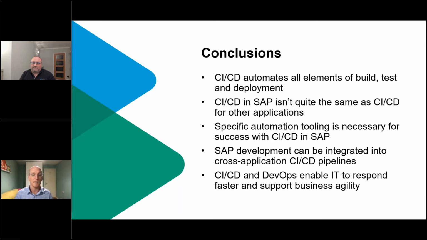But we can achieve that, and with it we can integrate SAP into those cross-application pipelines that James was talking about and we saw in the Ericsson example. And CICD and DevOps are enabling IT teams and SAP teams to respond faster and support greater business agility in their working environment today. So that brings us to the end of today's presentation.